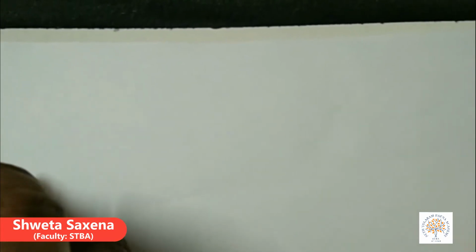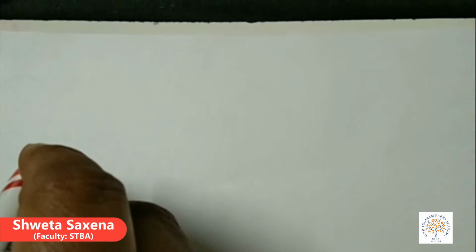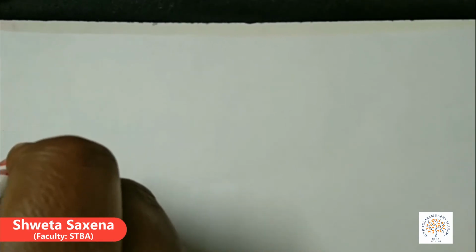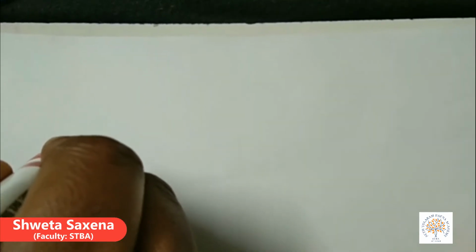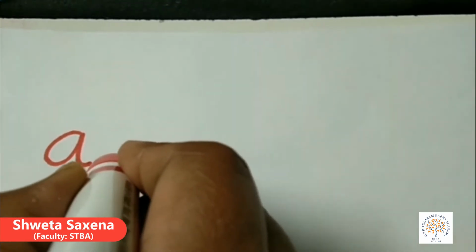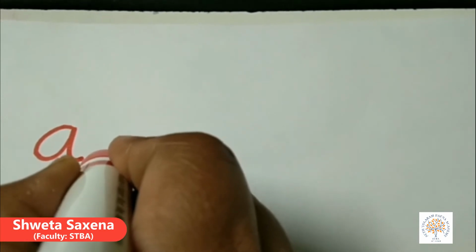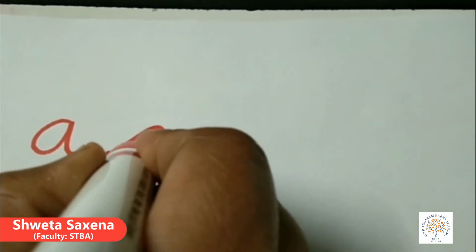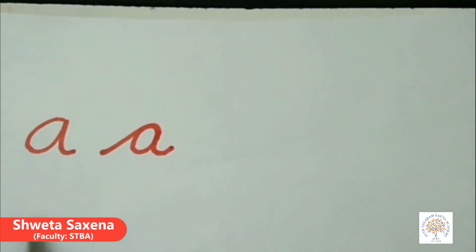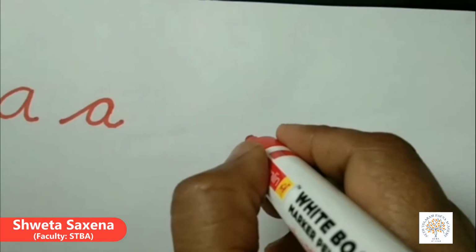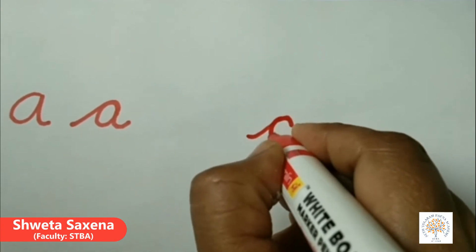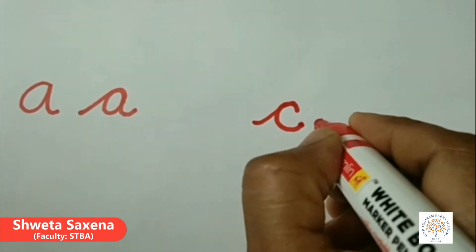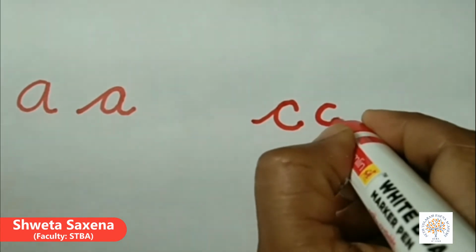Now, understand the difference between small letters and small cursive letters. In small letters, we make A like this. And in cursive, we make A like this. And letter C. This is cursive C and this is small c.